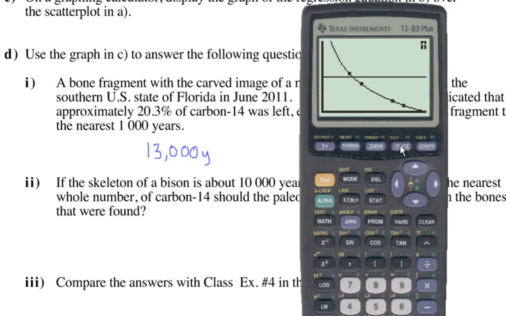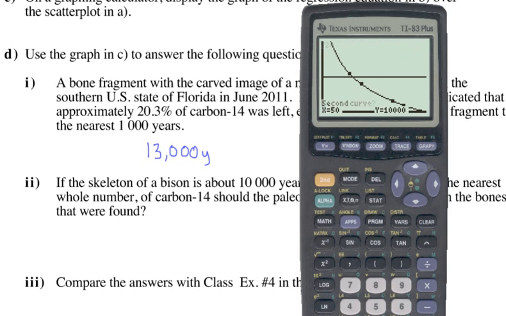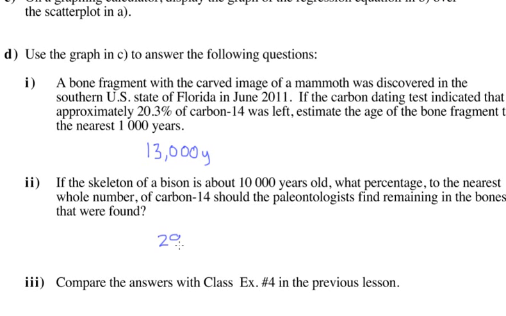So remember, second trace, pick intersect, enter, enter, enter. And it says, if it's 10,000 years old, it'll have 29.8% of its carbon left. Same answers that we got from the previous example.